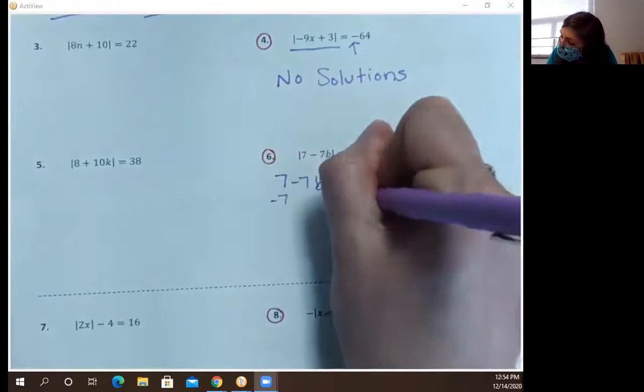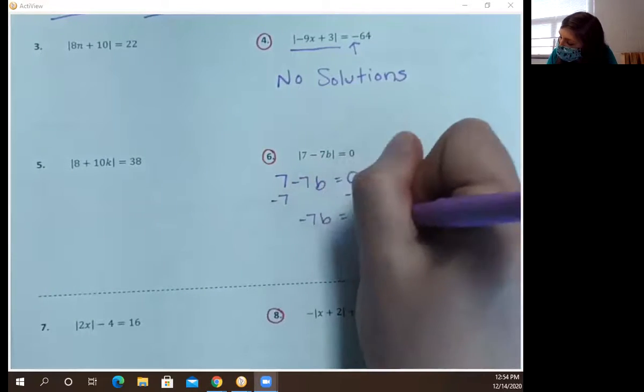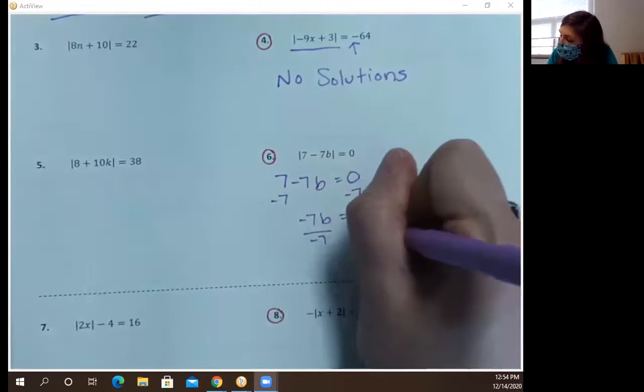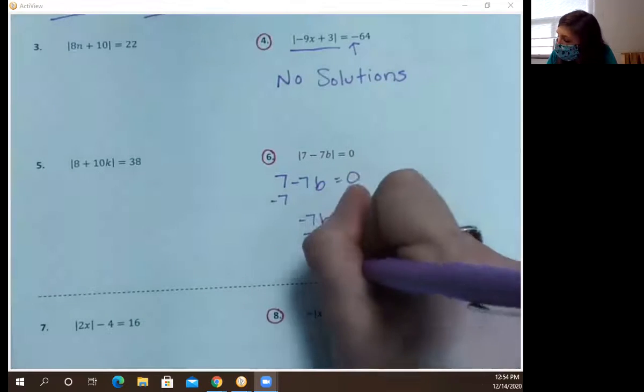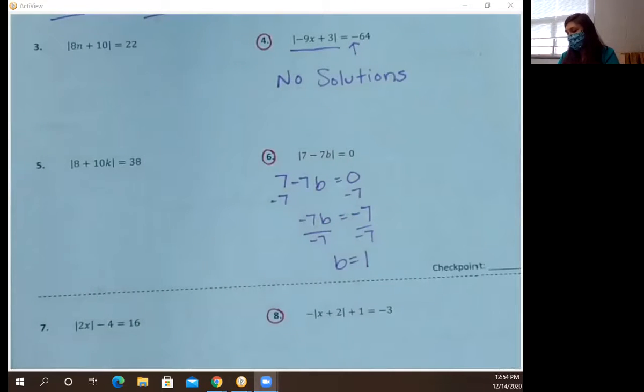I'm going to move this 7 to the other side, and I get -7b equals -7. Divide both sides by -7 to get b by itself, and we get b to be +1. Questions for me on number 6?